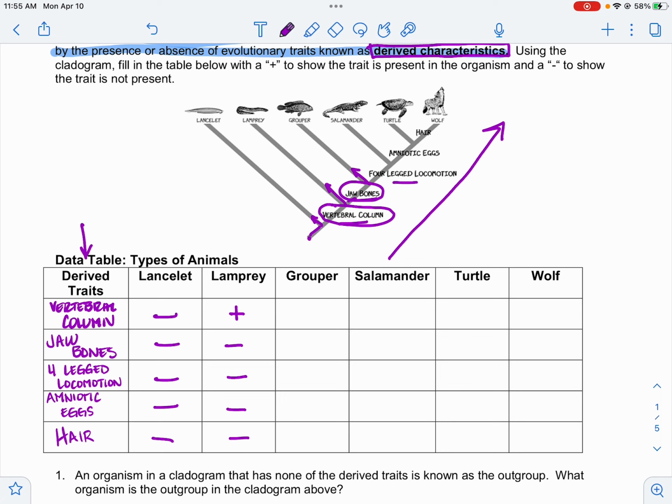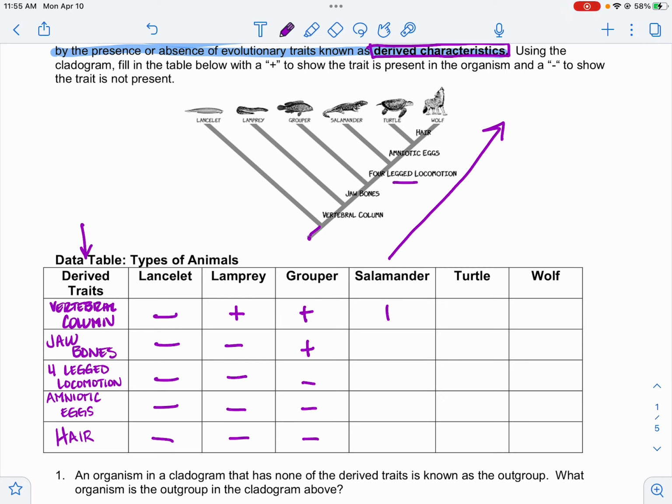Groupers. If we look at this diagram, notice here we've got the grouper. We're going this way. So groupers have vertebral columns, they have jaw bones, but they do not have any of the other things. So hopefully you're kind of picking up on the trend here.